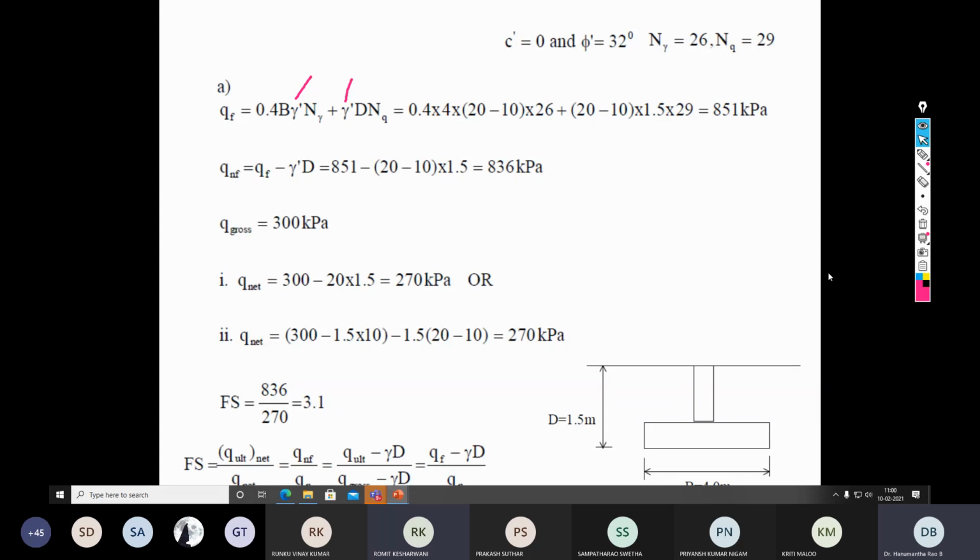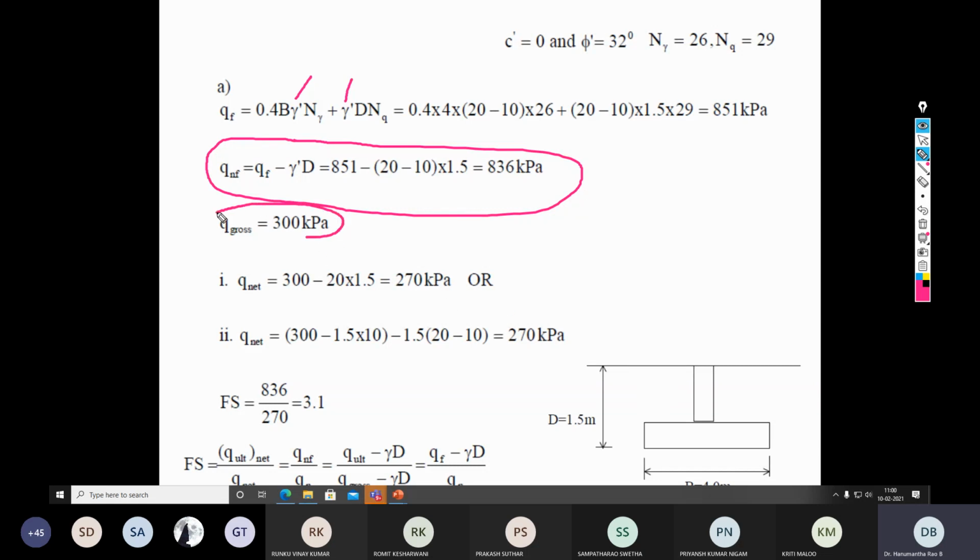That is because, see, the first term belongs to the soil component, while this term belongs to the structural component. Try to understand: the above term belongs to the soil component, you are exclusively dealing with the soil bearing capacity, while Q gross is coming from the column load.